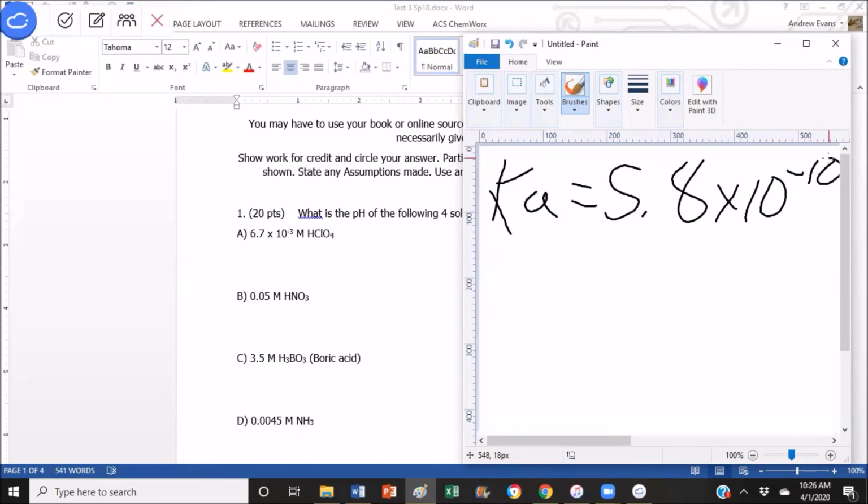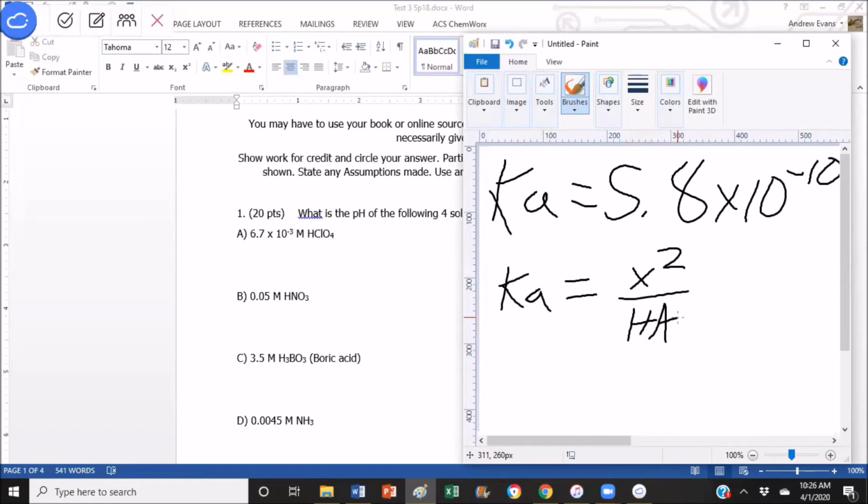Now, yes, you might have to use the ICE table, but do you really have to? You can say that Ka is equal to x squared over the concentration of your acid. Almost all of the ICE tables simplify to that.